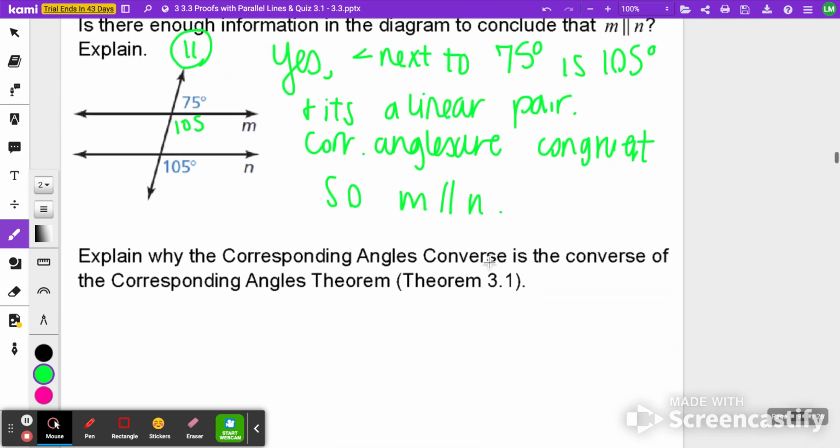The next case, though, says explain why the corresponding angles converse is the converse of the corresponding angles theorem. And remember, this is theorem 3.5, what we just saw recently.